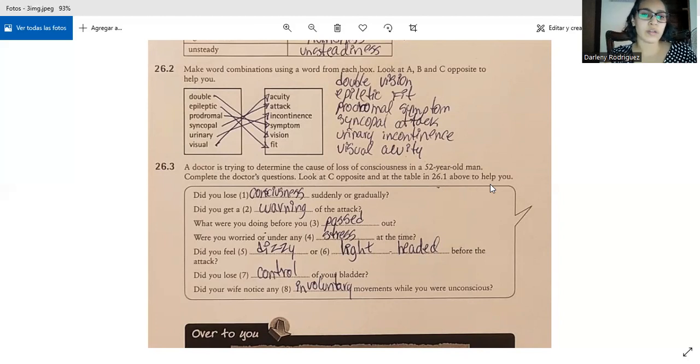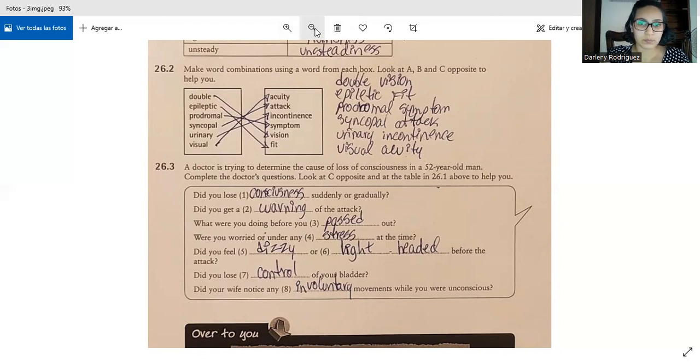Were you worried or under any stress at the time? Did you feel dizzy or lightheaded before the attack? Did you lose control of your bladder? Did your wife notice any involuntary movements while you were unconscious?